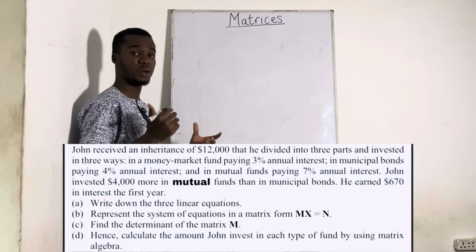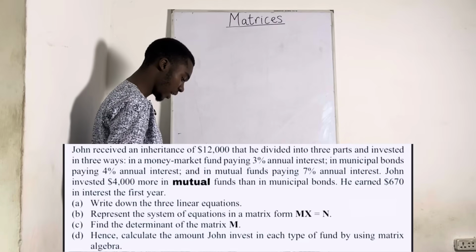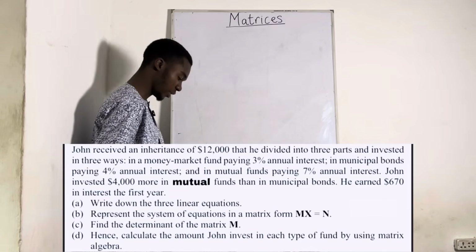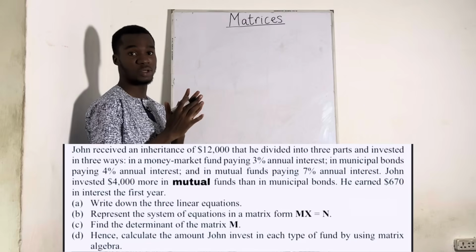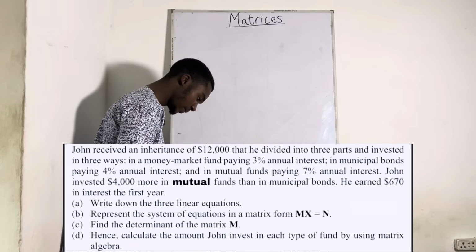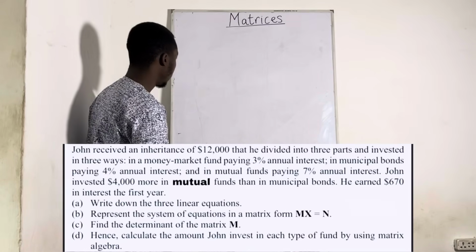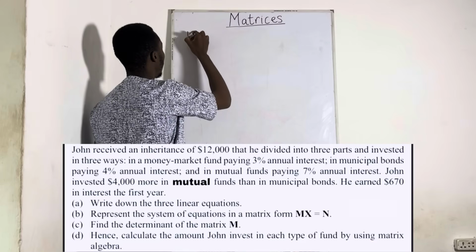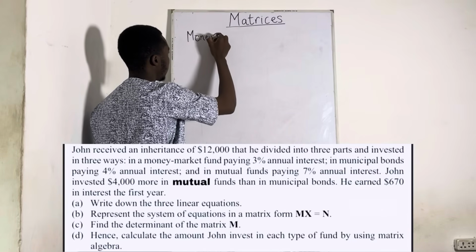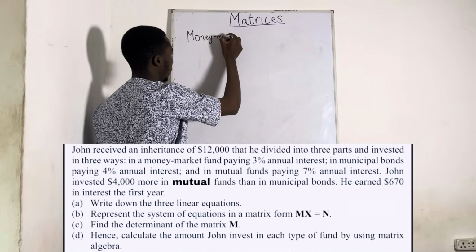So how do we answer a question like this? So the A says write down the 3 linear equations. All right. So in writing the 3 linear equations, know that he has received $12,000 and he has divided it into 3. You get it? So the first one is money market fund. So let's write it on the board. So the first investment, he invested it into a money market fund.